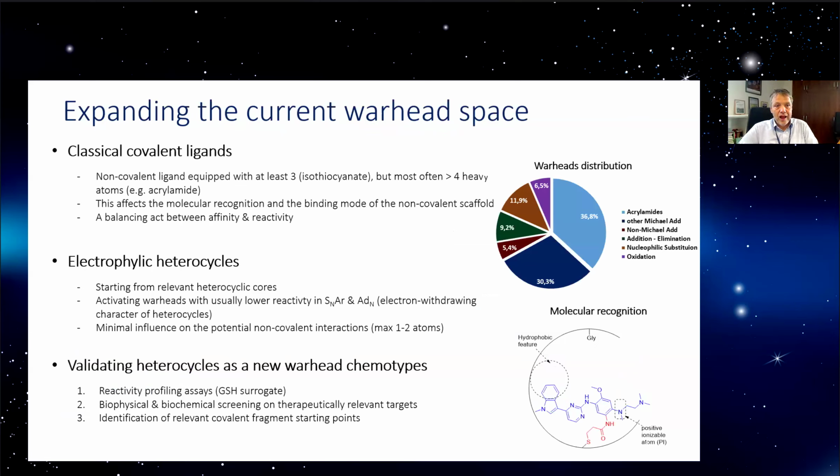When we considered what kind of covalent fragments would be exciting, we analyzed the warheads actually available for covalent modification of different targets. You can see on the right-hand side of the slide the warhead distribution: many of the compounds already reported as covalent compounds have acrylamides or other Michael type acceptors for the covalent modification.